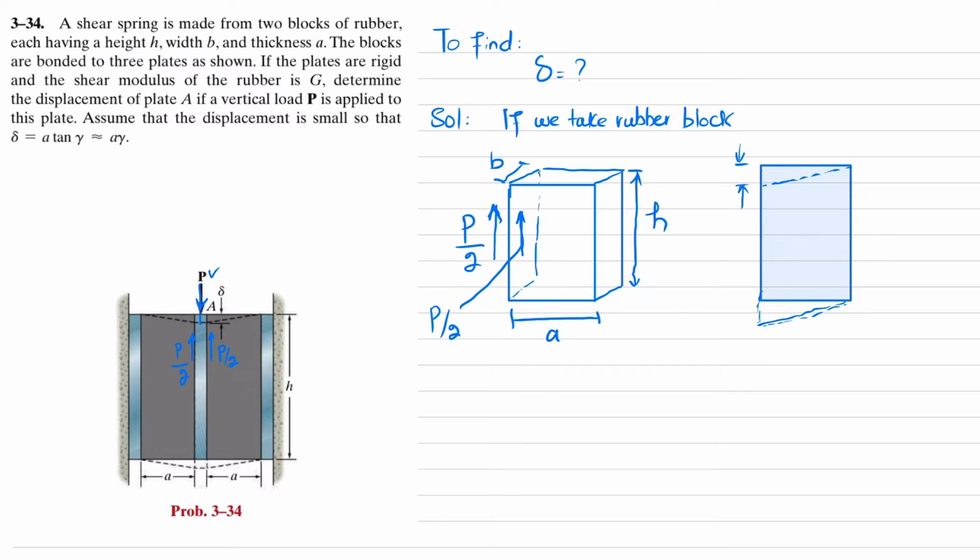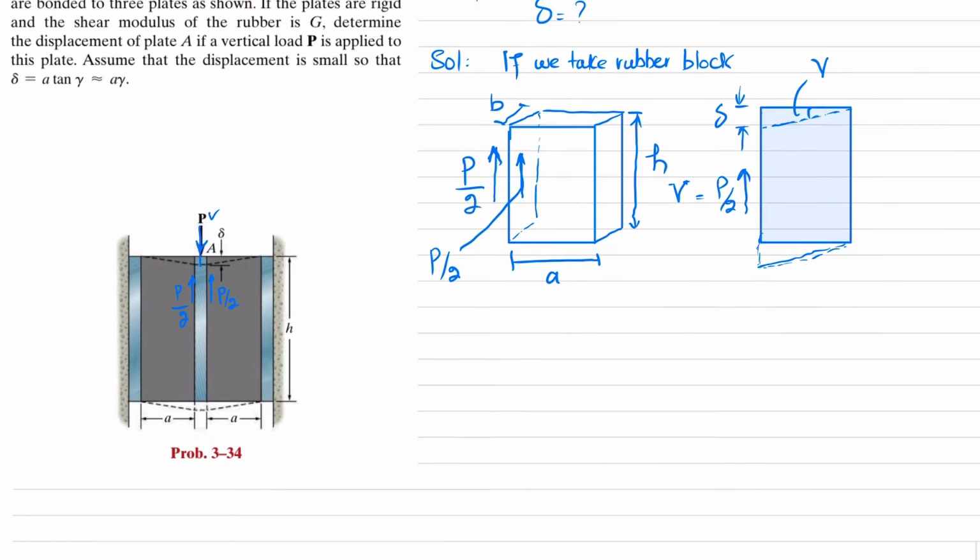This is delta. Clear? And let the angle due to the shear deformation be gamma. The load on this side is again P by 2. Now this P by 2 will be equal to this shear force V.